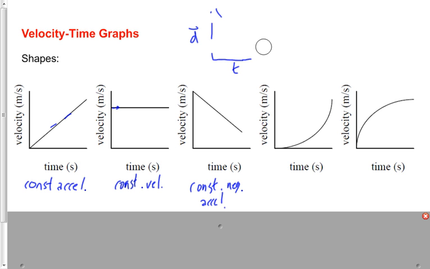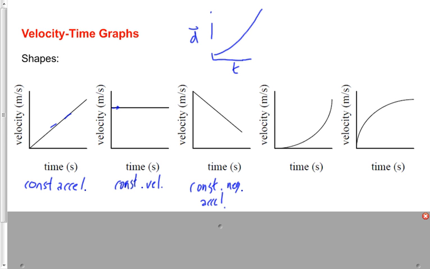If we had a position time graph that looked like this, it would mean acceleration. What about a velocity time graph that looks like this? Yeah, it's still acceleration. But here we've got a changing acceleration. Specifically, it's increasing.